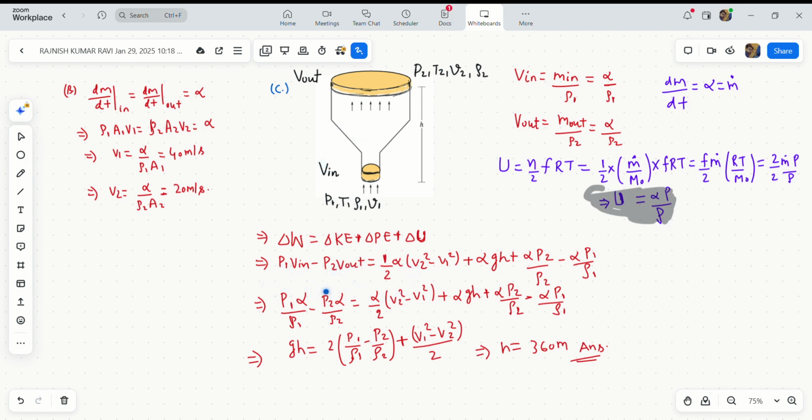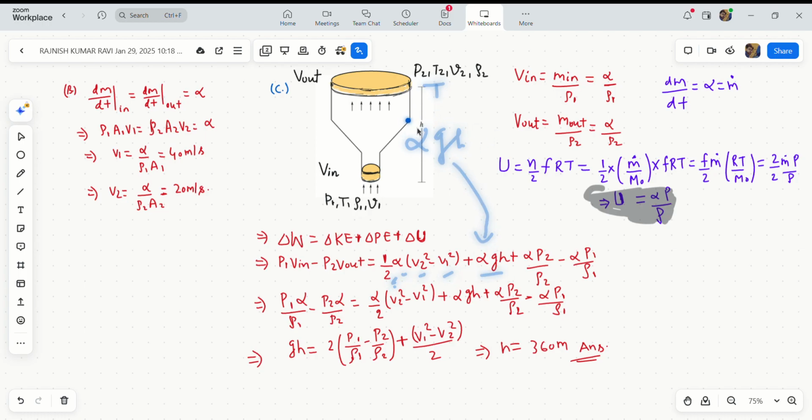The net work done can be written as change in kinetic energy plus change in gravitational potential energy plus change in internal energy. The final kinetic energy will be half alpha V2 square, initial kinetic energy will be half alpha V1 square, and the change in potential energy can be written as alpha g h.